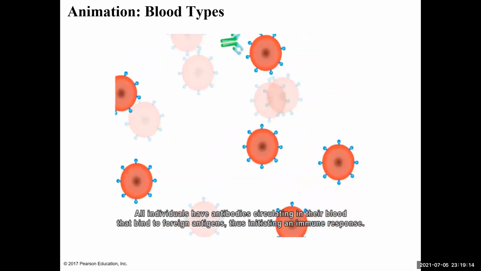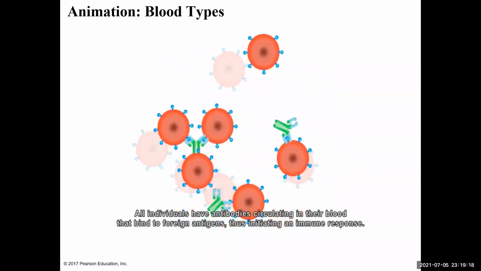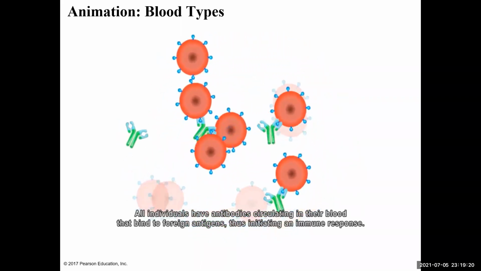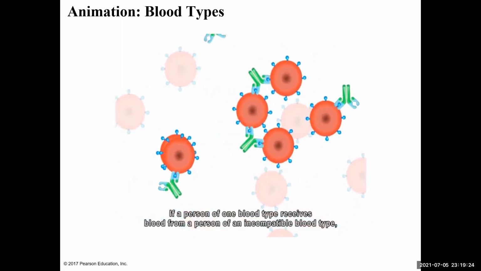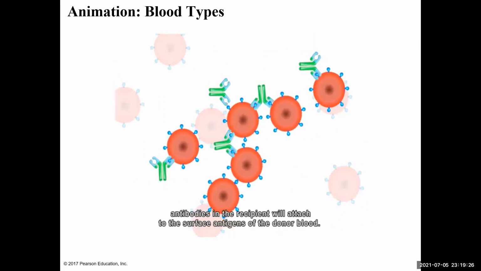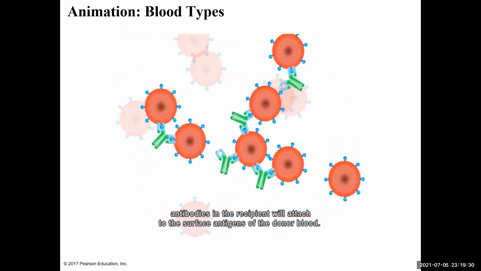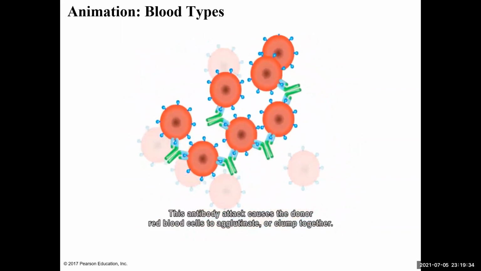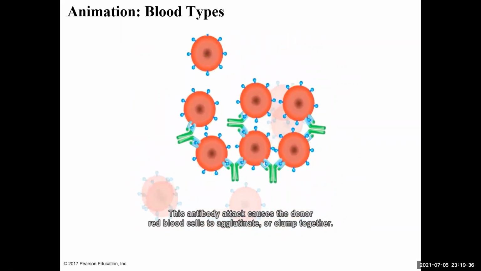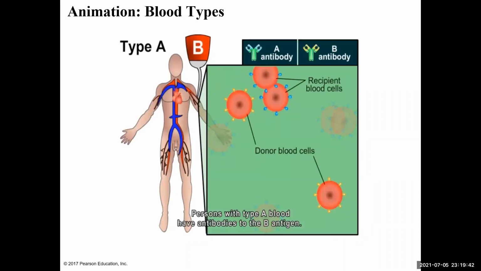All individuals have antibodies circulating in their blood that bind to foreign antigens, thus initiating an immune response. If a person of one blood type receives blood from a person of an incompatible blood type, antibodies in the recipient will attach to the surface antigens of the donor blood. This antibody attack causes the donor red blood cells to agglutinate or clump together. Persons with type A blood have antibodies to the B antigen.